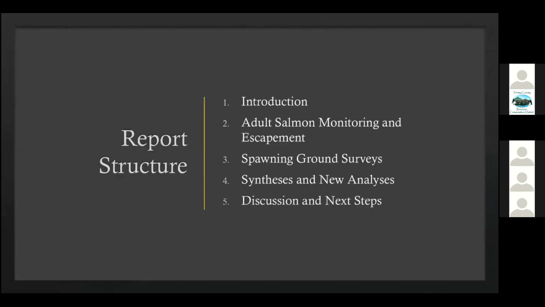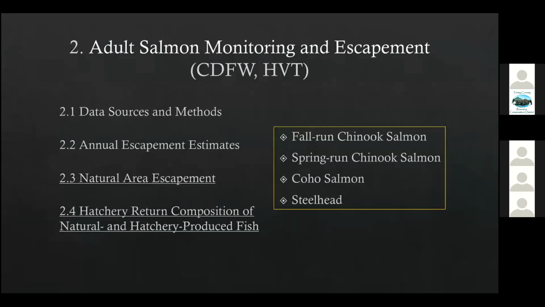This is a pretty comprehensive report. For the purposes of this presentation, I'm just going to focus on a few key points and some larger picture items. Starting with the second section in the report, adult salmon monitoring and escapement.